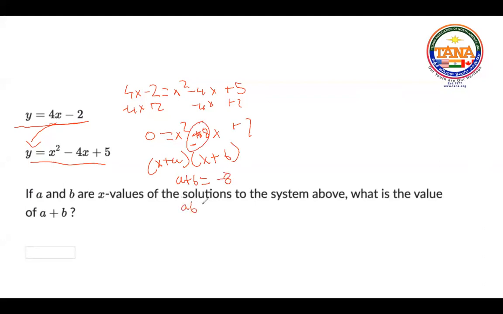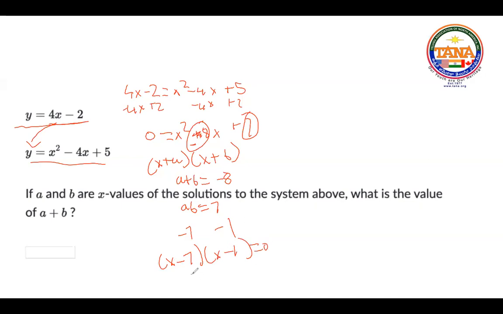And a times b has to equal 7, the end term. And with that, the only ones that work are -7 and -1 when you do all the math for them. So you have x minus 7 times x minus 1. And then now you set it equal to 0.